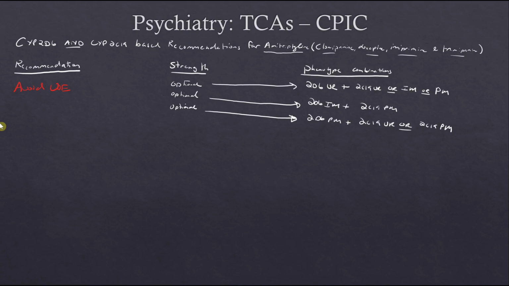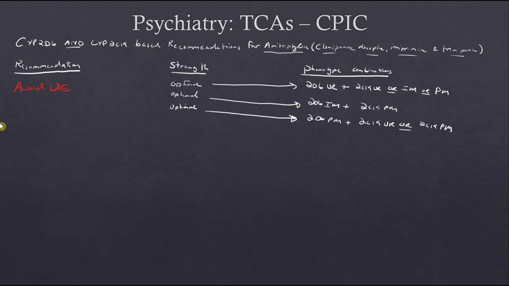So avoid use with someone who's a 2D6 ultra-rapid metabolizer in combination with either 2C19 ultra-rapid metabolizer, 2C19 intermediate metabolizer, or 2C19 poor metabolizer. So 2D6 ultra-rapid metabolizer with any of these three 2C19 phenotypes. Additionally, a 2D6 intermediate metabolizer with a 2C19 poor metabolizer.